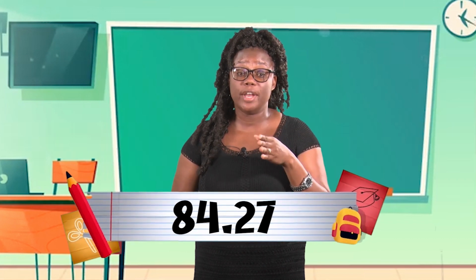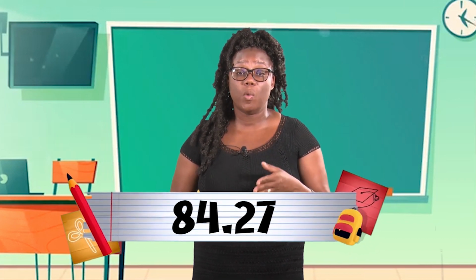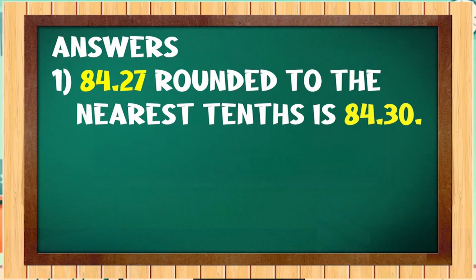When we add 1 to 2, which is found in the tenths place, our answer is 3. So 84.27 rounded to the nearest tenths is 84.30. I hope that you have that correct, boys and girls.